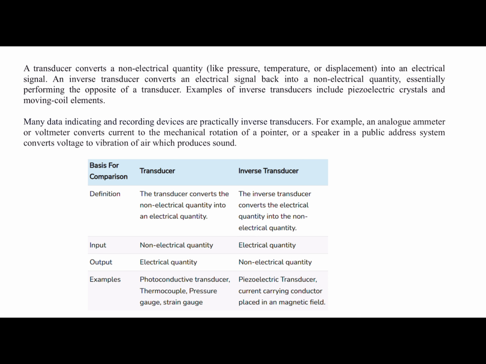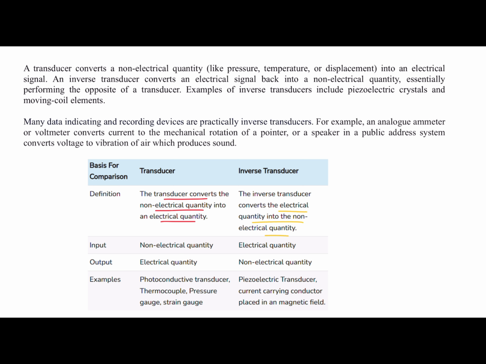Next question. For a transducer, four different statements are given. Identify the correct statements. Let us see some basic points related to transducer and inverse transducer. A transducer converts non-electrical quantity into electrical quantity, whereas inverse transducer converts electrical quantity into non-electrical quantity.